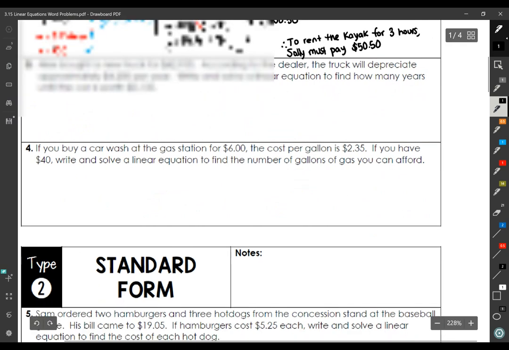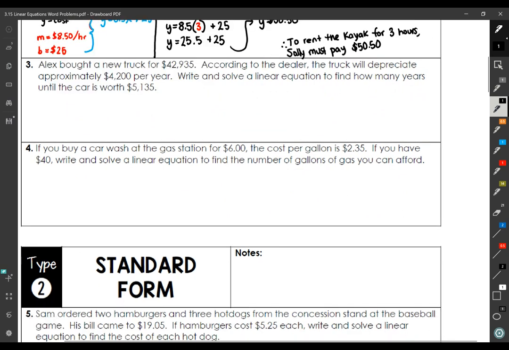All right, so Alex bought a new truck for $42,935. According to the dealer, the truck will depreciate approximately $4,200 per year. Write and solve a linear equation to find how many years until the car is worth $5,135.